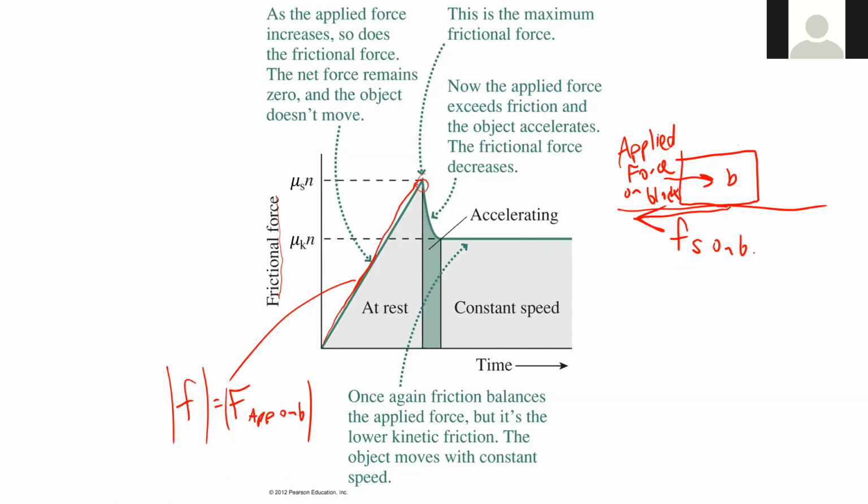But then it gets up to this maximum value, which is mu sub s times the normal force N. Then it quickly drops down as the object starts moving, and you've got a constant frictional force equal to mu sub k, the coefficient of kinetic friction, again times the normal force.